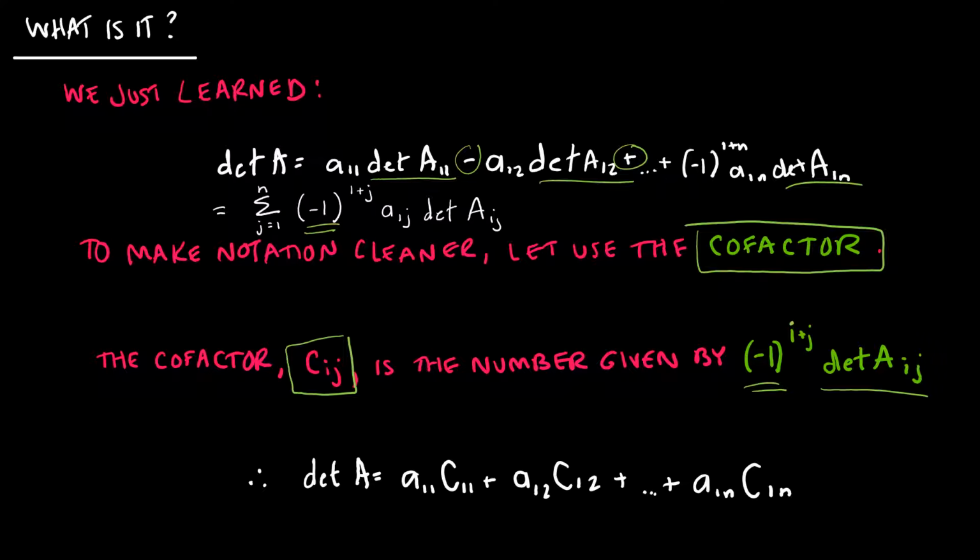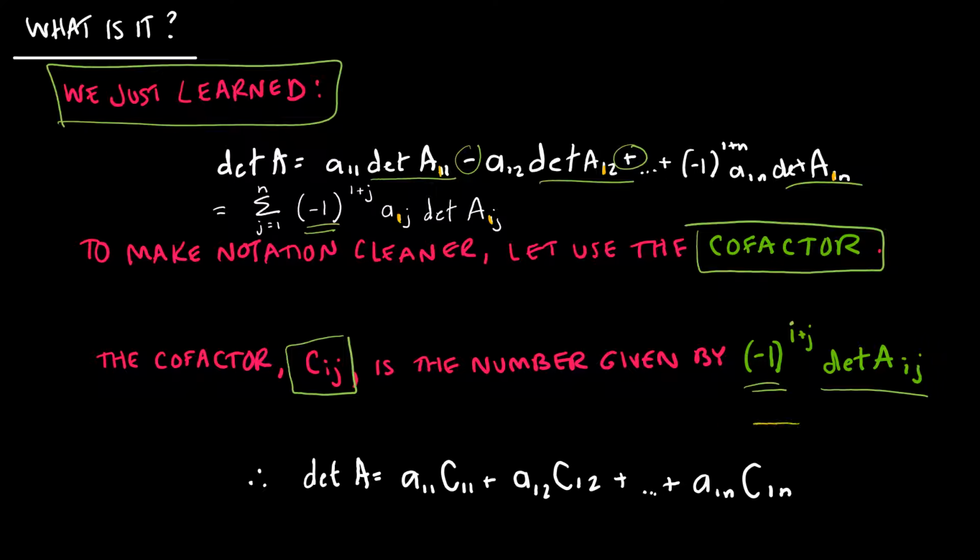Now, what's the difference between what we just did in our last video and what I'm saying to do now? Well, what we just learned always used 1 here. This was a 1, this was a 1, this was a 1. We get the idea. We're only going across the first row. So what I'm telling you is if we're using a cofactor, then I can go essentially across any row or any column, which we'll talk about on the next slide.